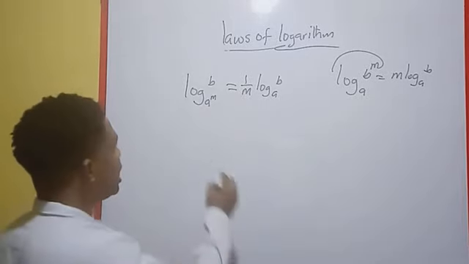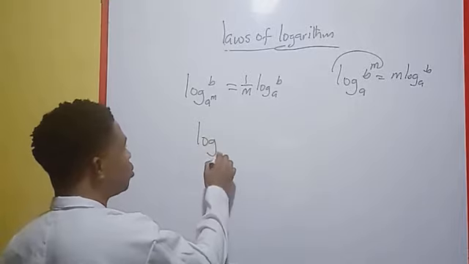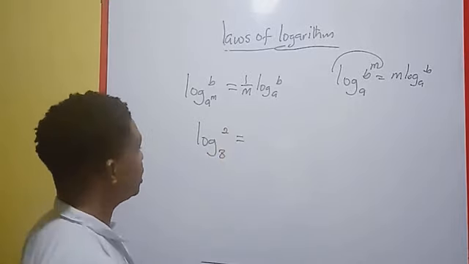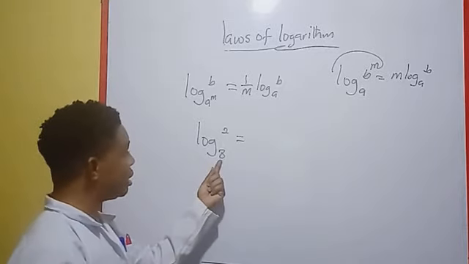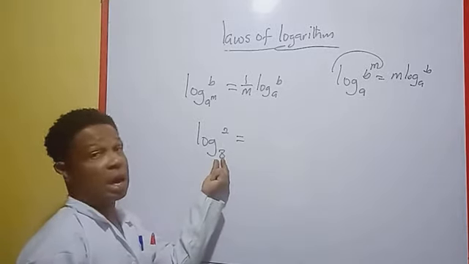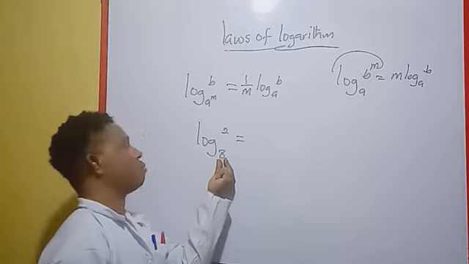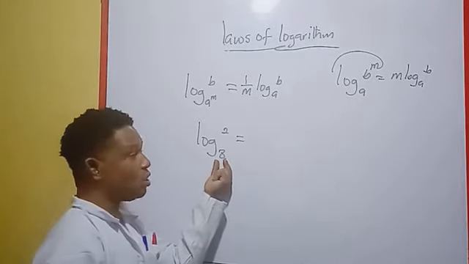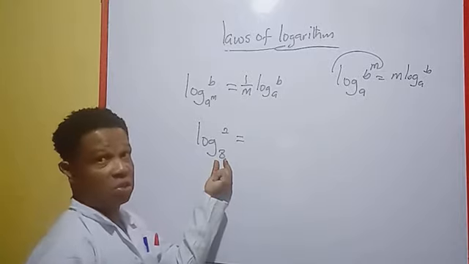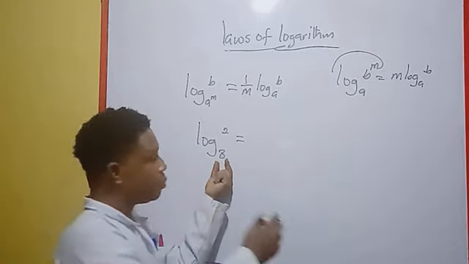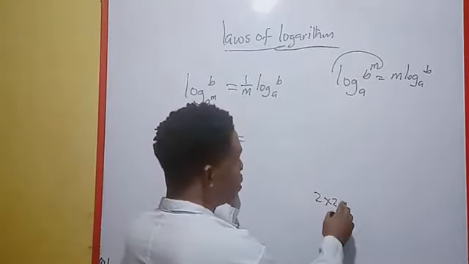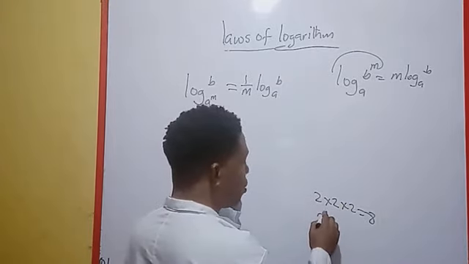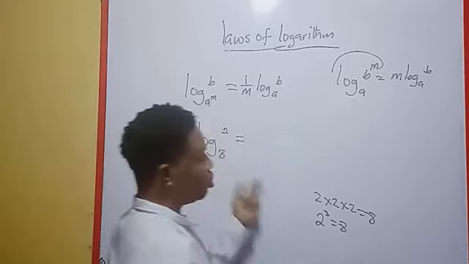For example, I can give something like this: log 8 raised to power 2. Now, how do you solve this one? This 8 can be expressed in terms of indices, because 2 times 2 times 2 in 3 places is 8. So 2 raised to power 3 is 8.